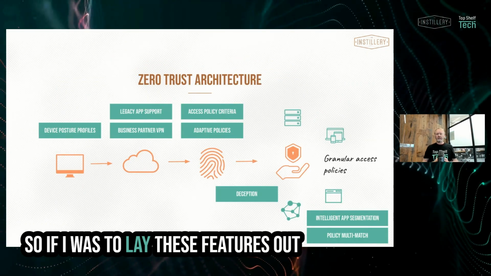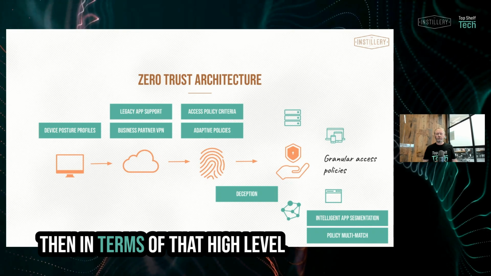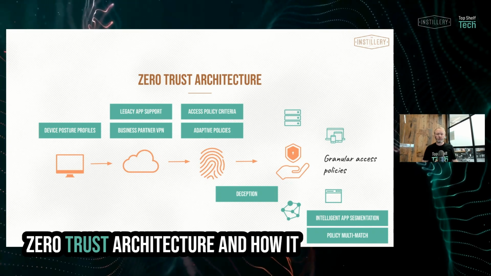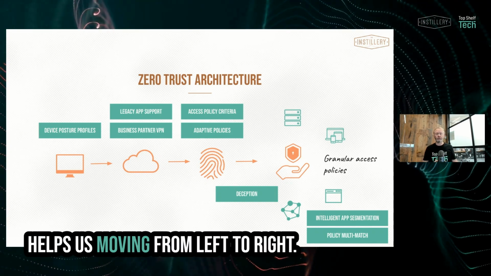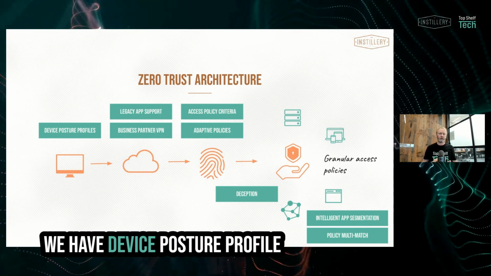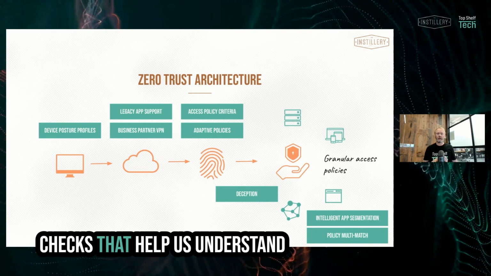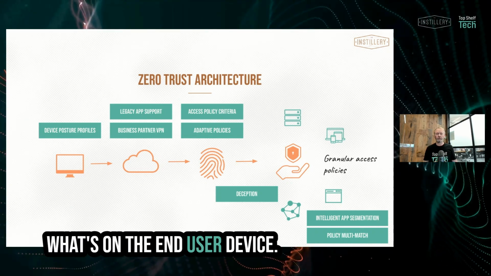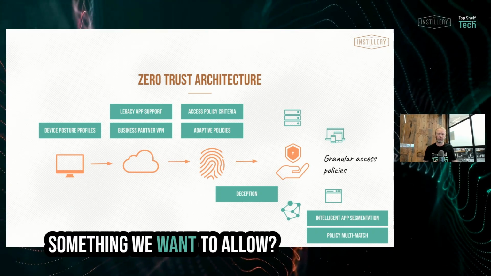Right, so if I was to lay these features out in terms of that high-level zero trust architecture, moving from left to right, we have device posture profile checks that help us understand what's on the end user device and whether that's something we want to allow.